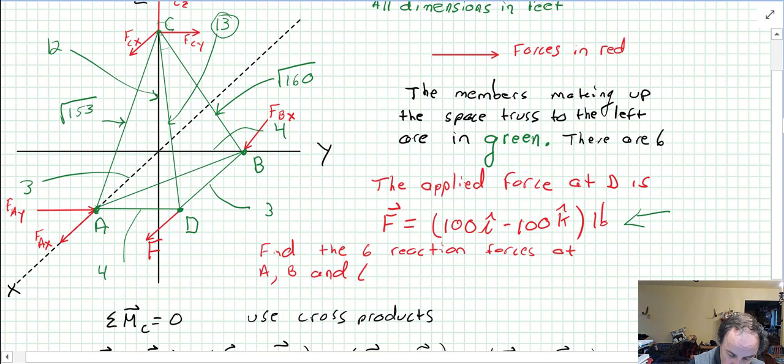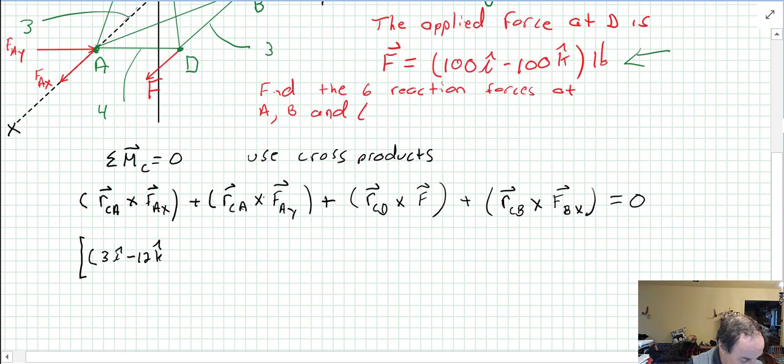We know that this is 12, so that's 12 in the Z direction, and we know that it's 3 in the i direction. Okay, so cross that with FAX i. Actually, that's redundant, right?